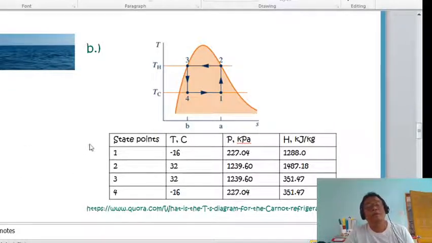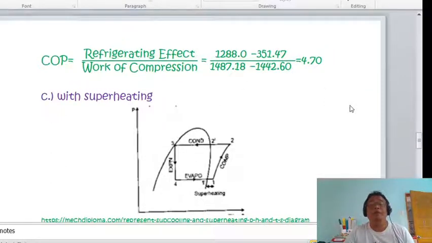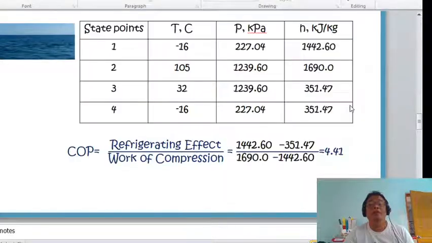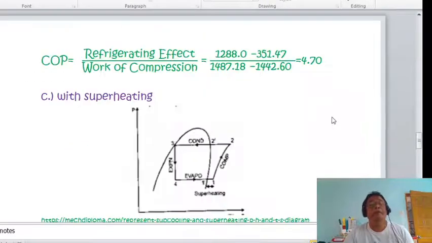So, at 4, negative 16, already given, 351.47. And then, computing now for the COP, substituting values, again same formulas, okay? The value is 4.7. So, this is, class, quite higher than the COP obtained in the previous condition, okay?